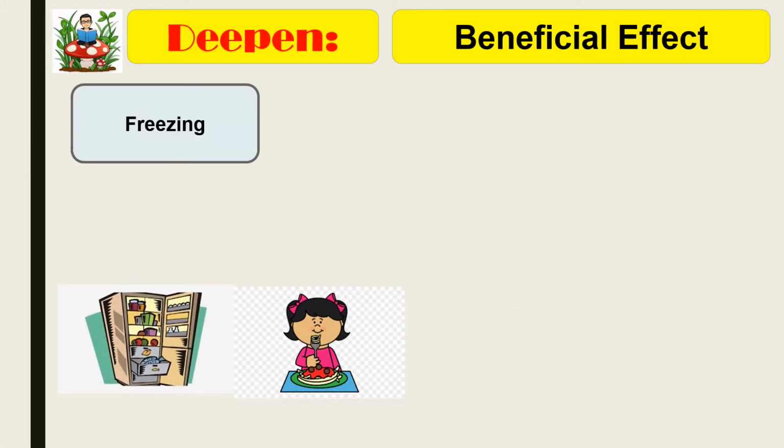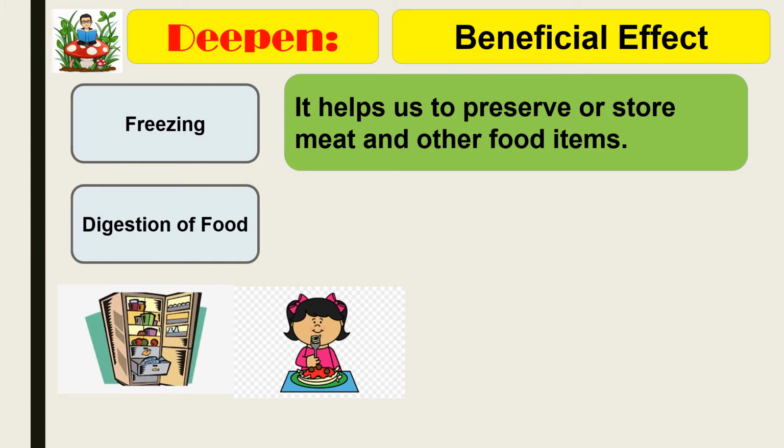Freezing is another beneficial effect of changes in materials, because freezing helps us preserve or store meat and other food items. And also digestion of food.